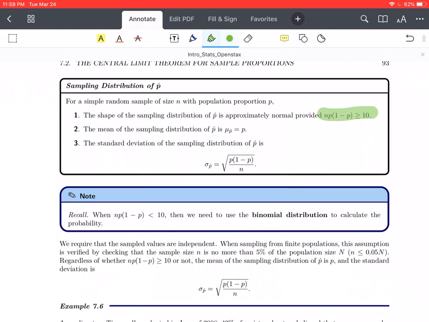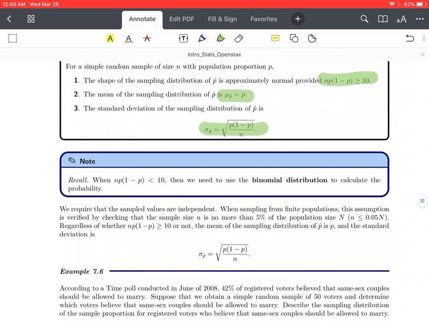So this is our test to determine if the sampling distribution is approximately normal or not. The mean of the sampling distribution is p, so that works out nicely because we should already know what p is. And the standard deviation of p hat is the square root of p times 1 minus p over n, where n is, again, that sample size.